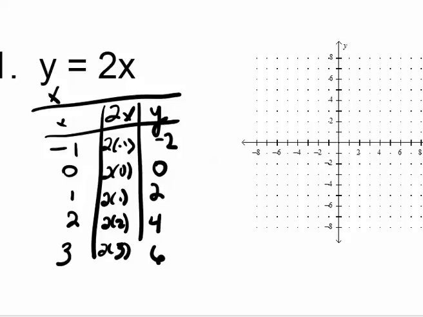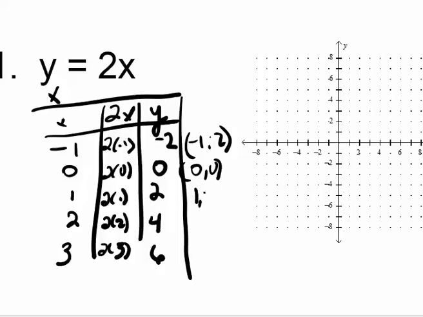Therefore, our ordered pairs would be (-1, -2), (0, 0), (1, 2), (2, 4), (3, 6). So to graph: 0, 0, over 1, up 2, over 2, up 4, over 3, up 6.